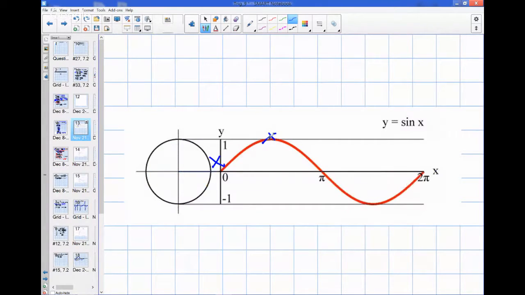And then in the second quadrant, it goes from 1 back down to 0 again at pi. And then third quadrant is the first time it goes negative, so it dips down and heads down at 270 degrees, down to -1. And then finally, it comes back up to 0, and it just repeats over and over and over, and you get this forever wave function.